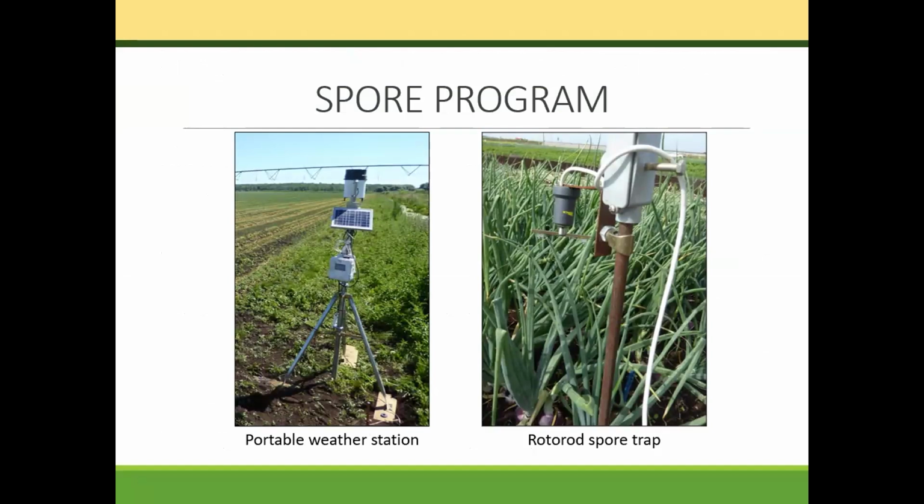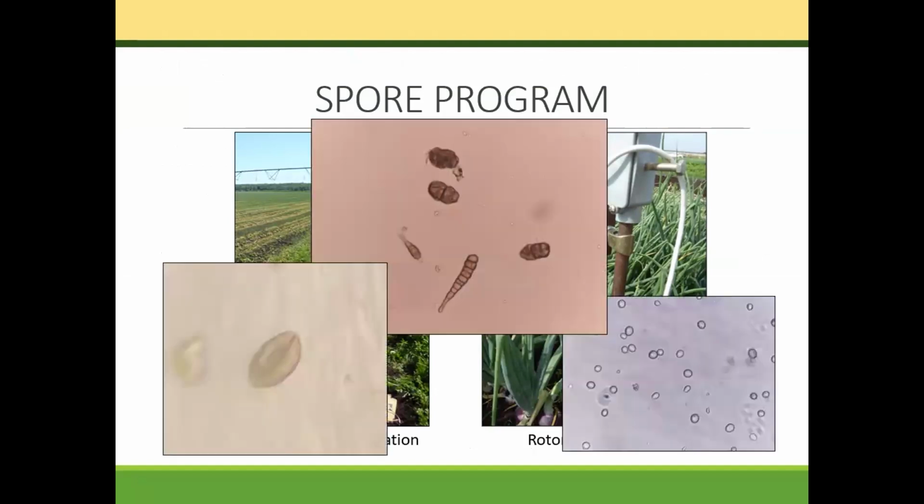The point of a rotorod spore trap is to collect airborne spores, things like downy mildew, Stemphylium, Alternaria, and Botrytis, just to see when those pathogens are actually around. If the forecasting model is showing potential conducive conditions for them, then that warrants a critical time to go out and spray for them.